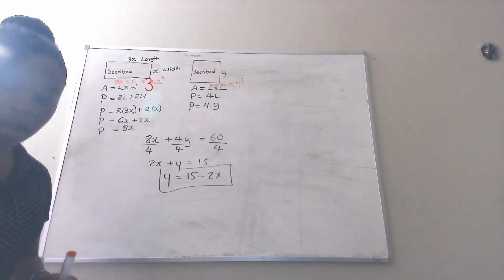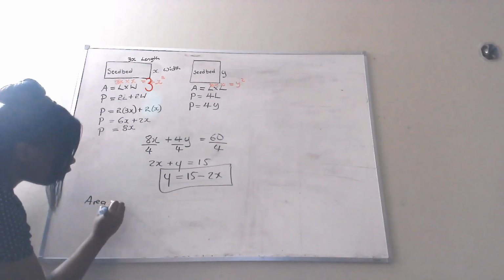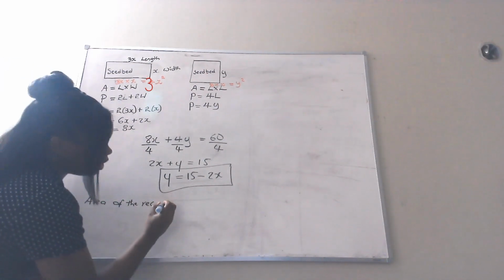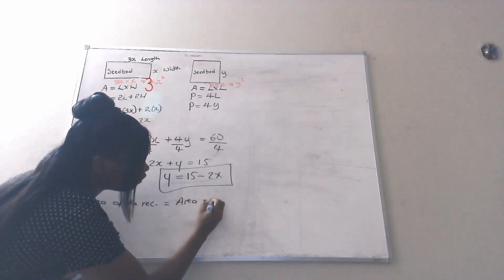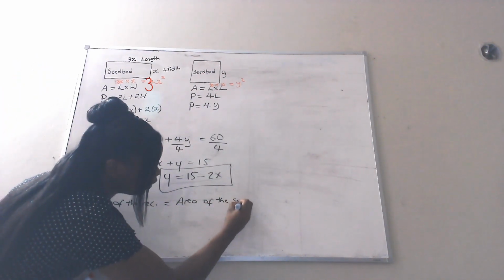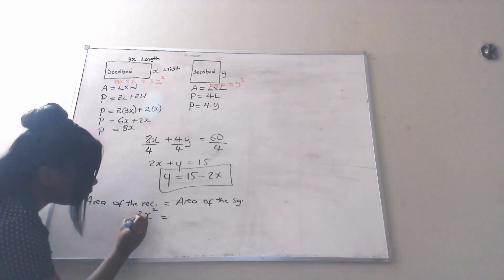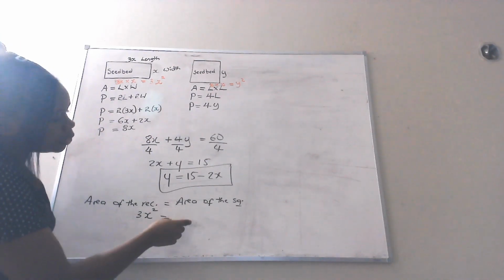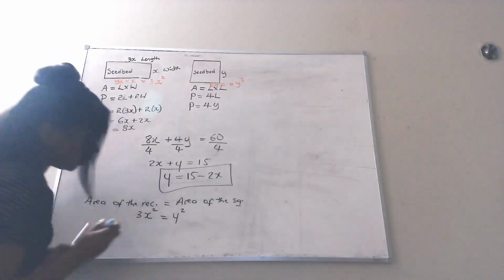They are saying that the area of the rectangle is equal to the area of the square. So what is the area of the rectangle? It is 3x squared, and it is equal to the area of the square, which is y squared.